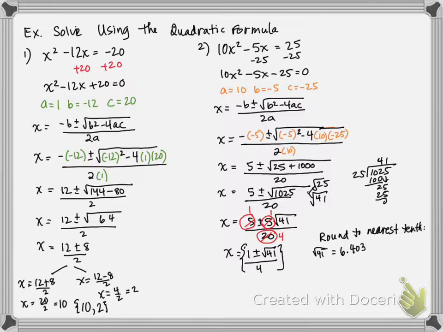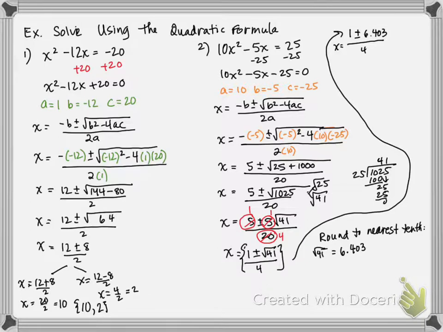So it's 6.403. You know what, I'm going to take it to the top where I have more room. Okay? So then this becomes 1 plus or minus 6.403 all over 4. That's what my x is going to equal.